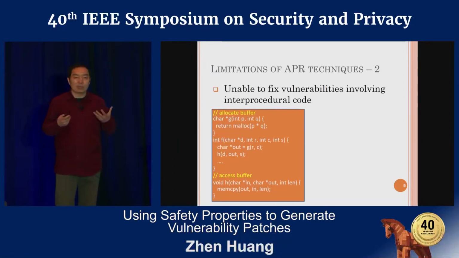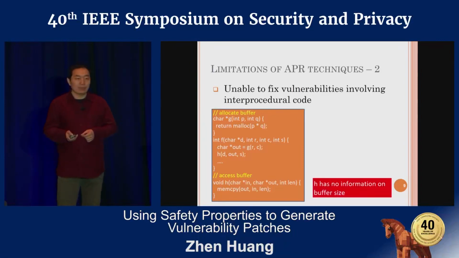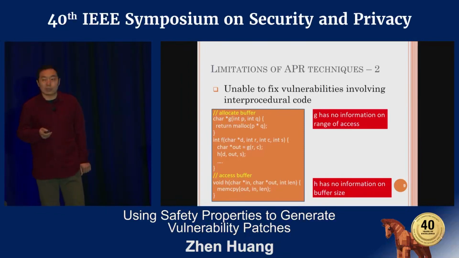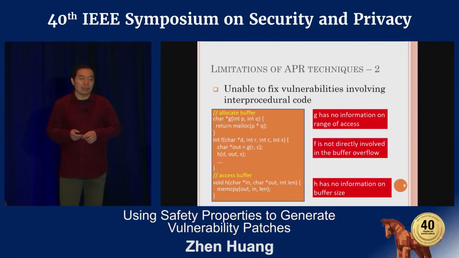This is a common pattern that exists in complex and large applications. The challenge is that function H has no information on the size of the buffer. Function F does not have information on the range of size, while function F is not directly involved in the vulnerability.